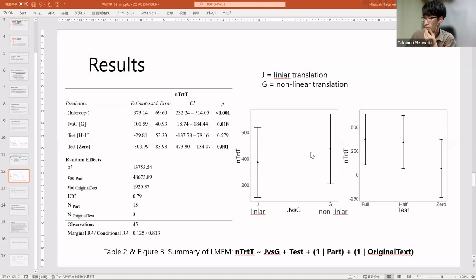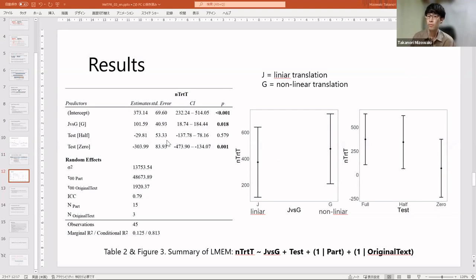Do you have a number on how many percent of reduction there was? And the second question is, what do you think is the reason behind the reduction of the reading effort?